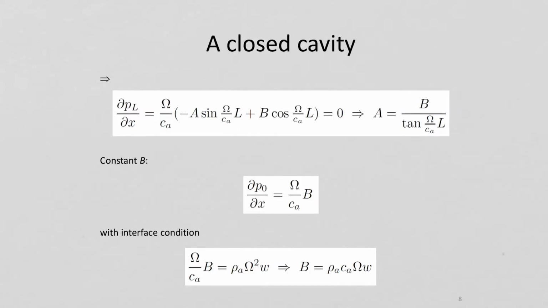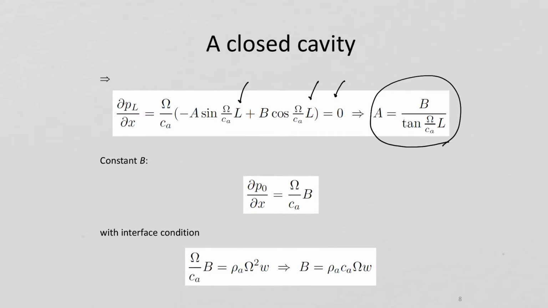Next step is that we then evaluate this gradient at the right boundary at x equal to L. Insert x equal to L here and here. And then we set this expression to 0 because we have the hard wall boundary condition at the end. So this directly gives us the first connection between the two constants in the acoustic equation A and B.